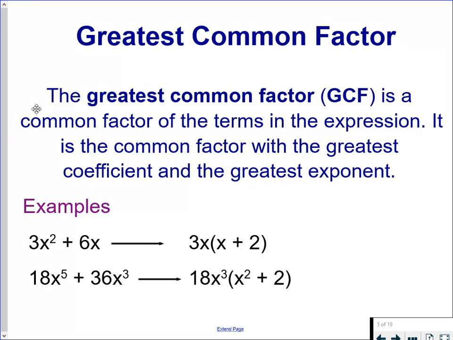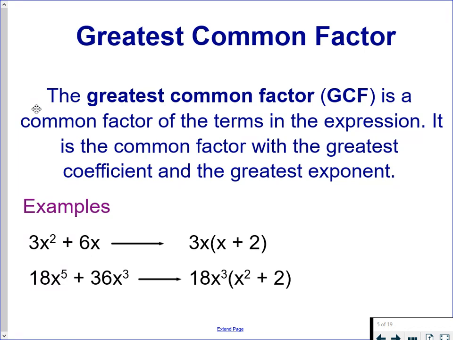So in the first example, there is a 3 that can go in both 3 and 6, and an x, they both share at least one x, so I take out a 3x. Same thing here, 18 goes into both 18 and 36, and they both have at least 3 x's, and I can take those out. So what we're doing is we're undoing the distributive property.